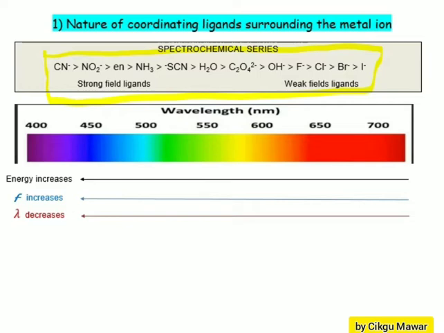The presence of this kind of ligand will affect the wavelength that will be absorbed during the excitation of the electron. For strong ligands, going from right to left, we can see it will have higher energy.